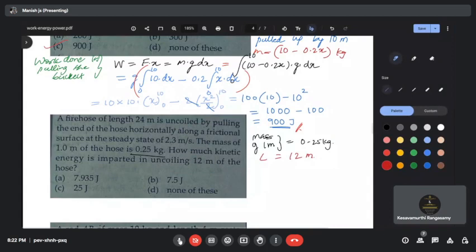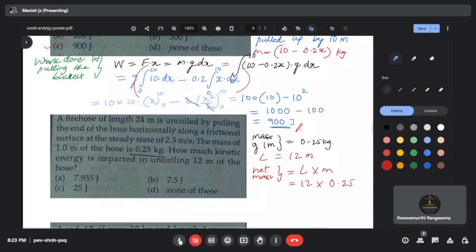So what would be the net mass of the hose for uncoiling? Every meter is 0.25 kg and the total length is 12 meters. So what would be the net mass? It would be the total length times the mass of the hose for every meter, which is going to be 12 times 0.25.